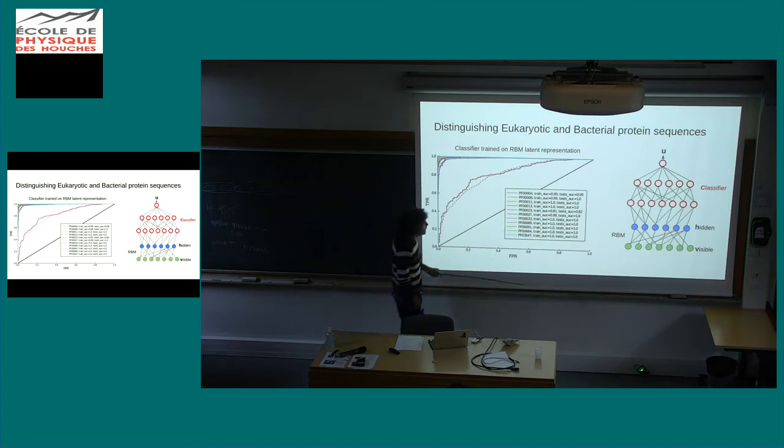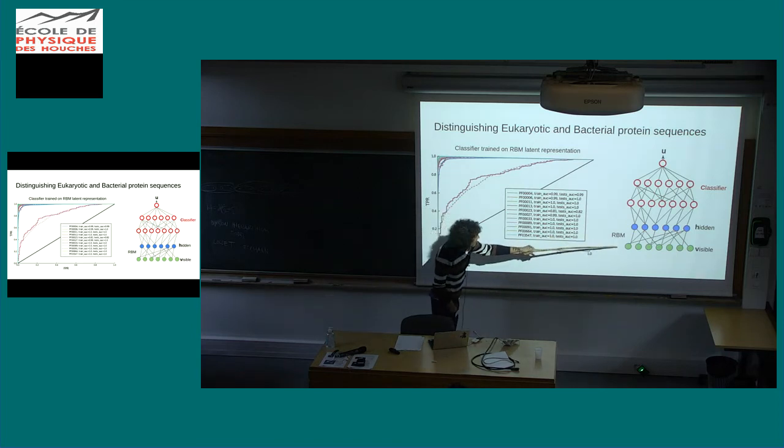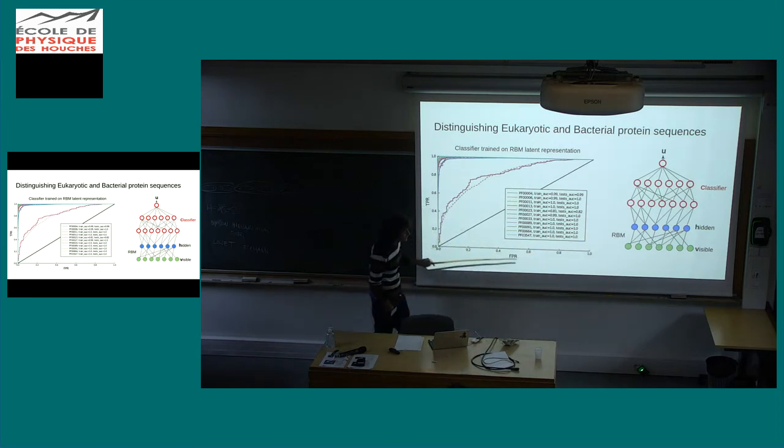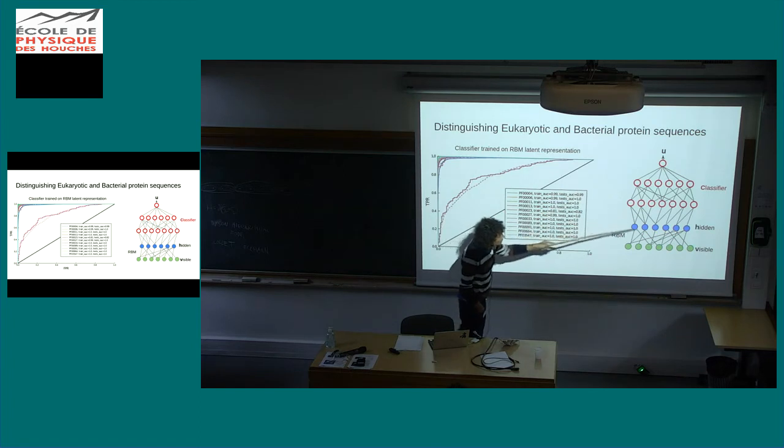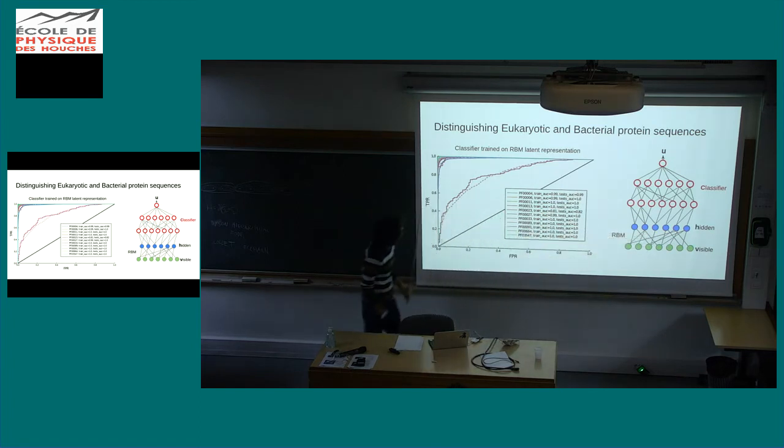And what you see is that if you train an RBM on these families, and then train a classifier that looks at the hidden configuration, for most of these families you obtain a very good classification. So this is a ROC curve. You obtain a very good classification between eukaryotic and bacterial sequences. So it means that the machine in supervised training is automatically learning about this particular feature of the protein.